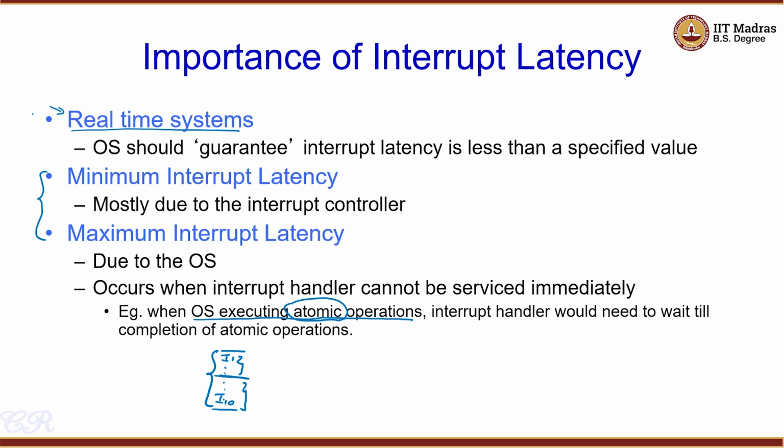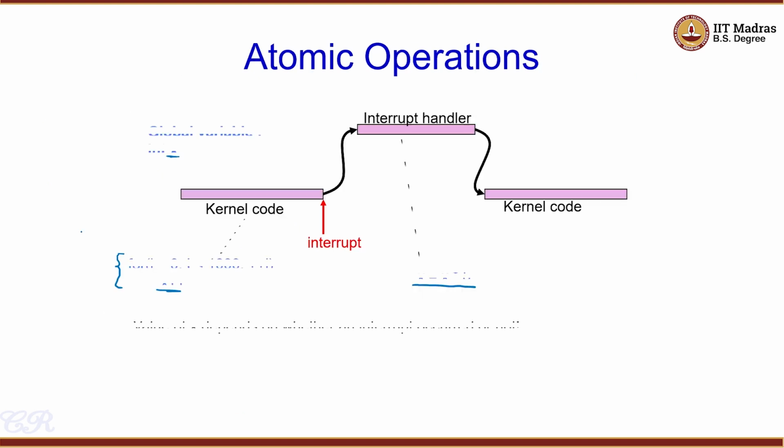Linux, on the other hand, we call a soft real-time system, because in quite a few pieces of code, such atomic operations are present which can critically affect the interrupt latencies, and thus it is not very easy to bound the maximum interrupt latency.